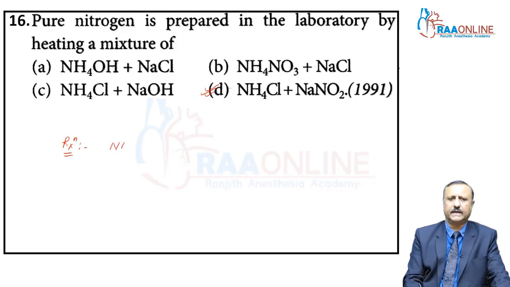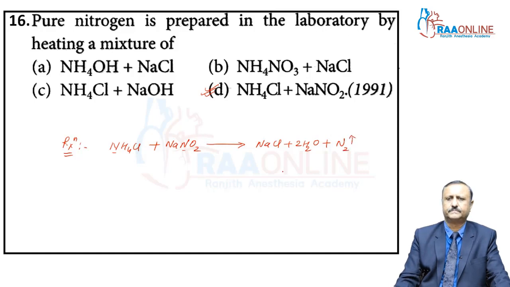Because when NH4Cl reacts with NaNO2, you get NaCl plus 2H2O. All the oxygen atoms are removed in the form of water, and 1 nitrogen and 2 nitrogen are present.